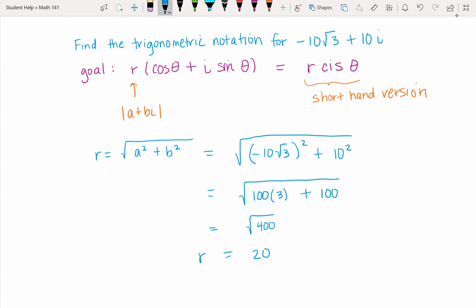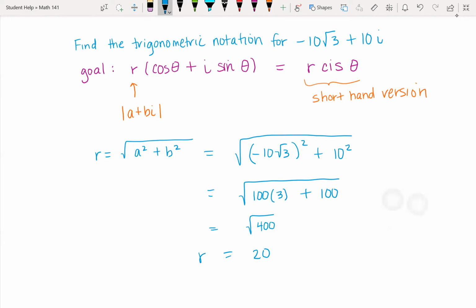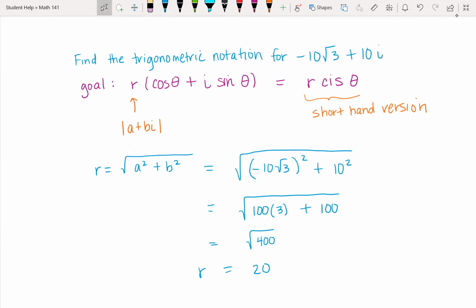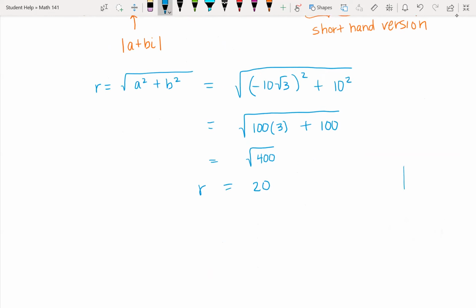Now I have to find the angle. And looking back, let's actually draw a picture for where this is. Because the x coordinate is negative and the y coordinate is positive, it looks like we're in the second quadrant, right?